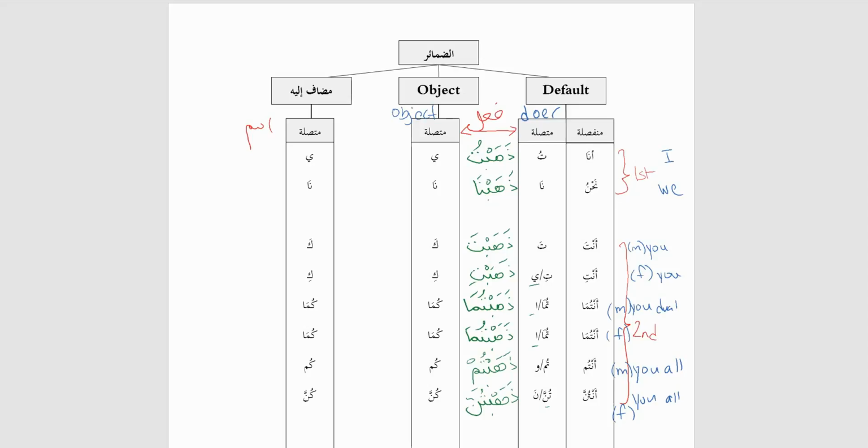Now we have a verb, but the damir muttasil is acting like the object, right? And this is not ya, it should be a ni. Not ya, so ni. So let's look at some examples. I use the verb daraba. Daraba means to hit, and usually you need a verb that has the capability of giving an action to someone else.